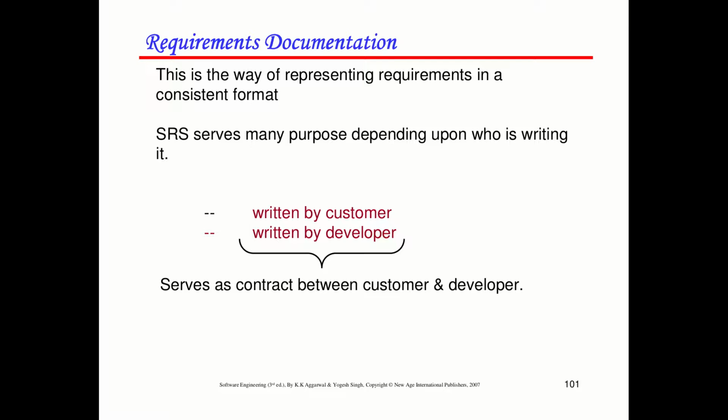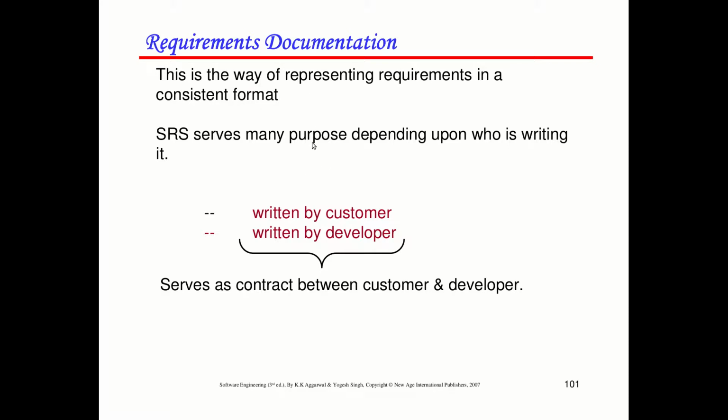In the SDLC, software development lifecycle, we have seen the requirement analysis and specification as the first phase of SDLC, which produces the SRS, software requirement specification document, as the output. So the SRS is prepared in the requirements documentation phase.